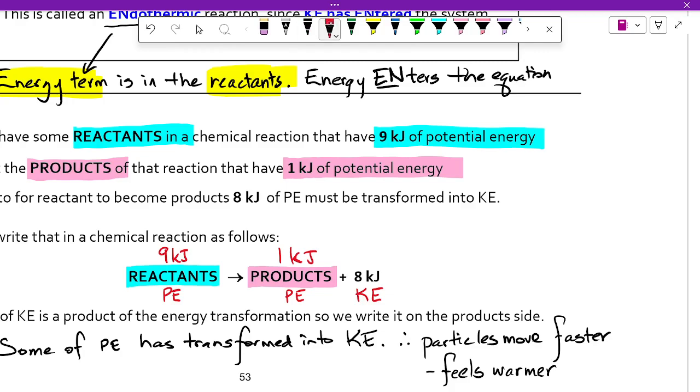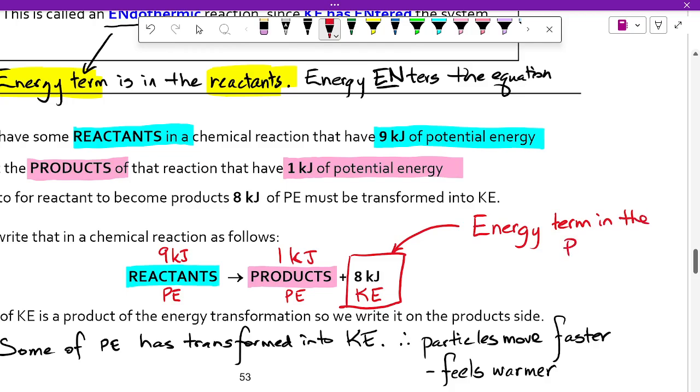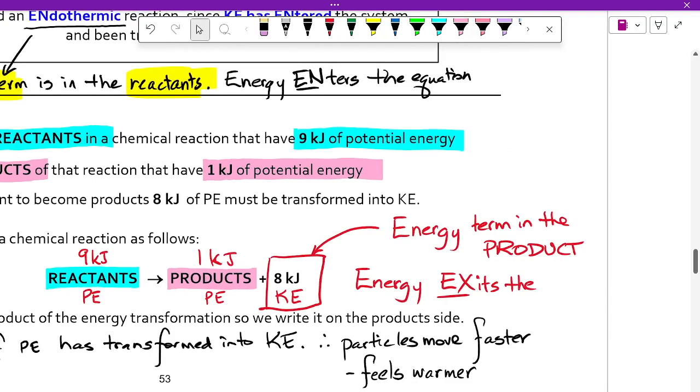And you'll notice here that our energy term is in the products. Is the energy term entering the equation or exiting the equation? Exiting. It is exiting the equation. EQN for equation.